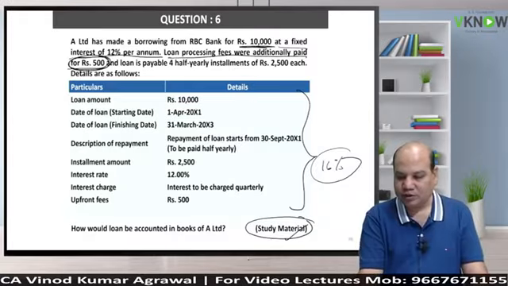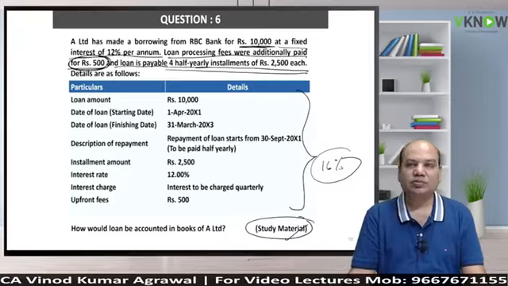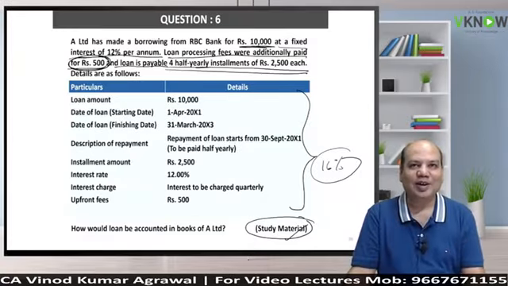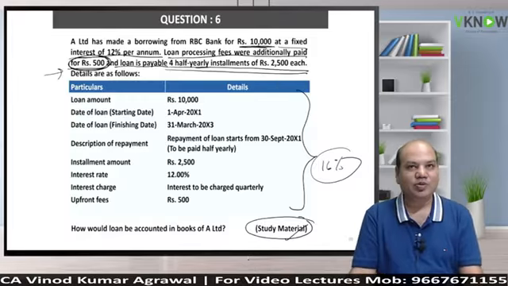The complication is this. The loan is payable in 4 half-yearly installments of 2,500 rupees each. So first of all, the student gets confused when it comes to a half-yearly problem. Okay, annual he can handle, but it is half-yearly. So computation of IRR will become slightly complicated.